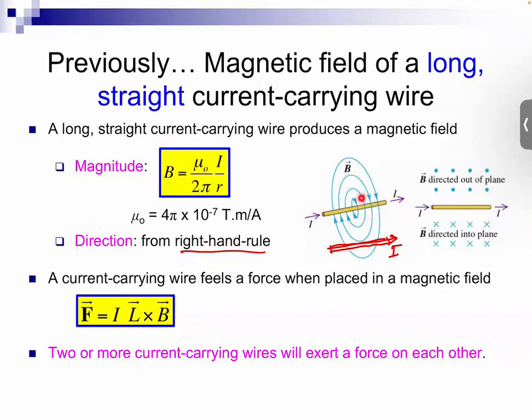Therefore, these two wires will exert a magnetic force on each other, according to this equation here. Because in order to have a magnetic force, you need to have a current and a magnetic field. These two wires beside each other both carry currents, and those currents create magnetic fields around themselves, and we learned that last time.